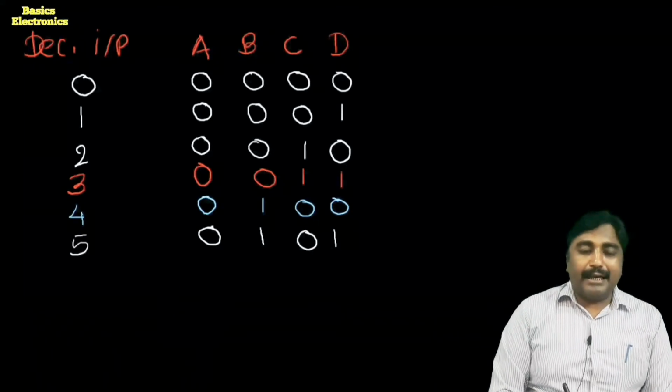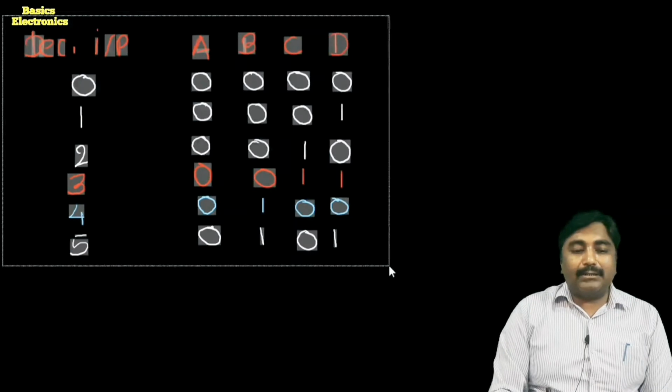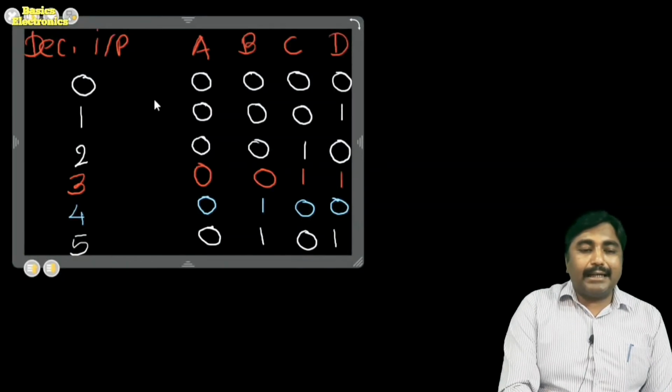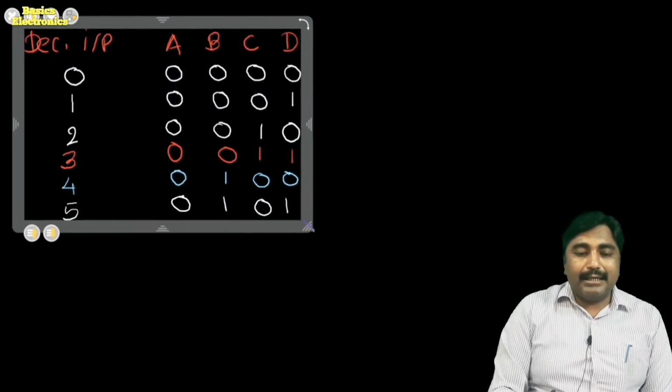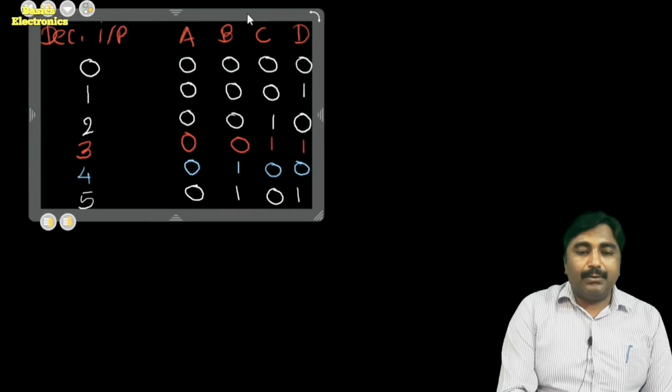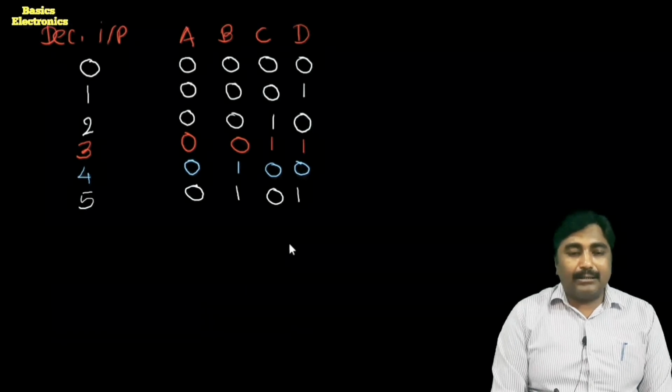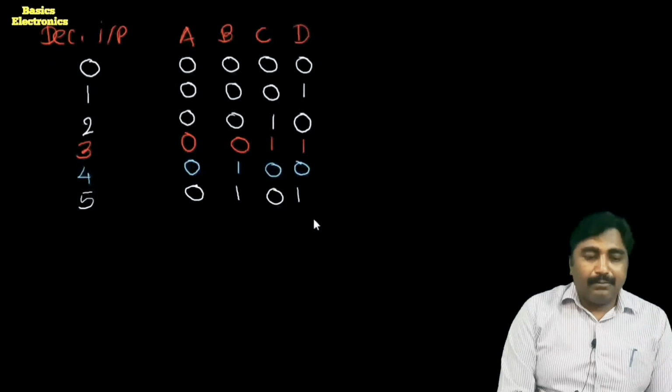It means the output of gate A is equal to 0, B is equal to 1, C is equal to 0 and D is equal to 1.